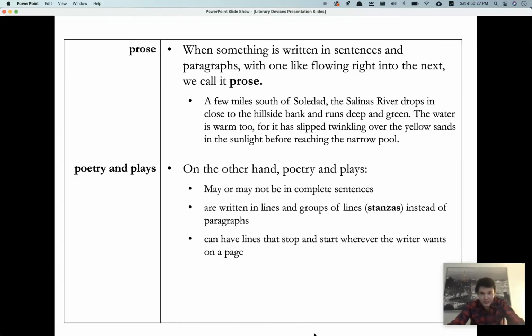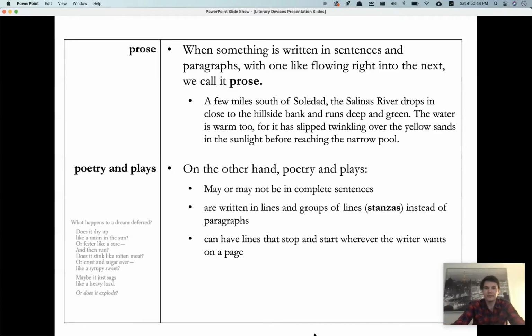So poetry and plays can have lines that stop and start whenever the writer wants to on a page. They don't just go on and on to the end of the page and then start again. They'll stop in a regular pattern in a lot of cases.